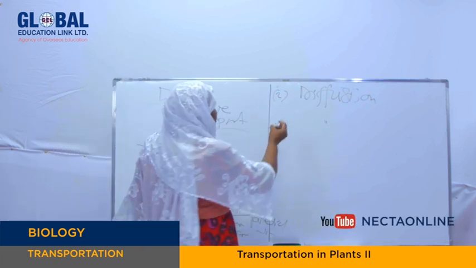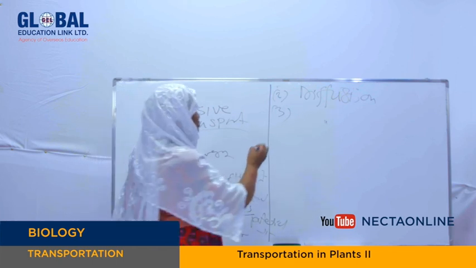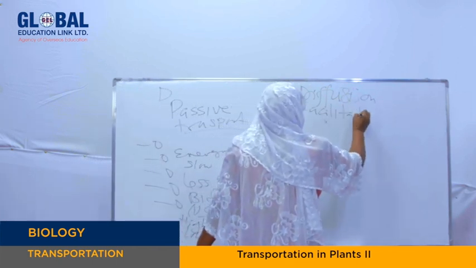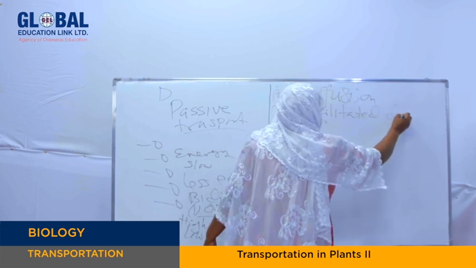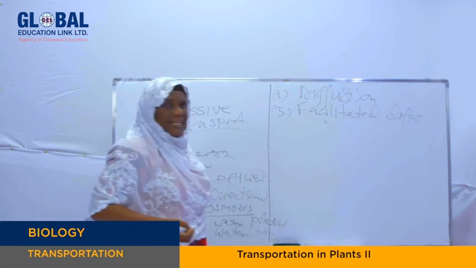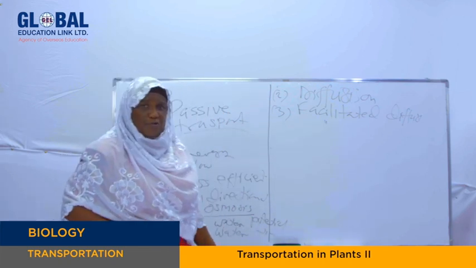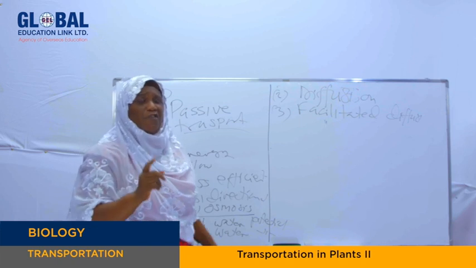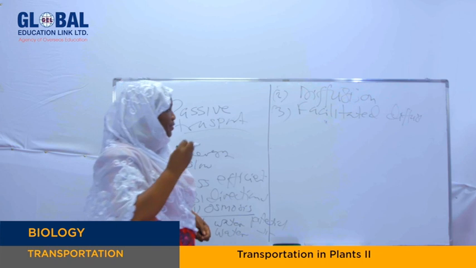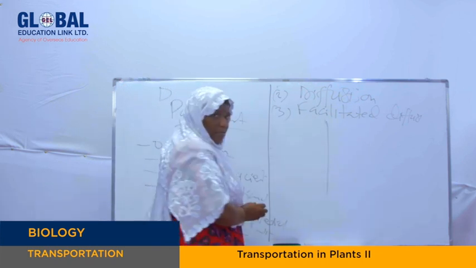Number 3 is facilitated diffusion. Facilitated diffusion is a case of diffusion, but here it involves carrier molecules. For example, you may have 2 media.